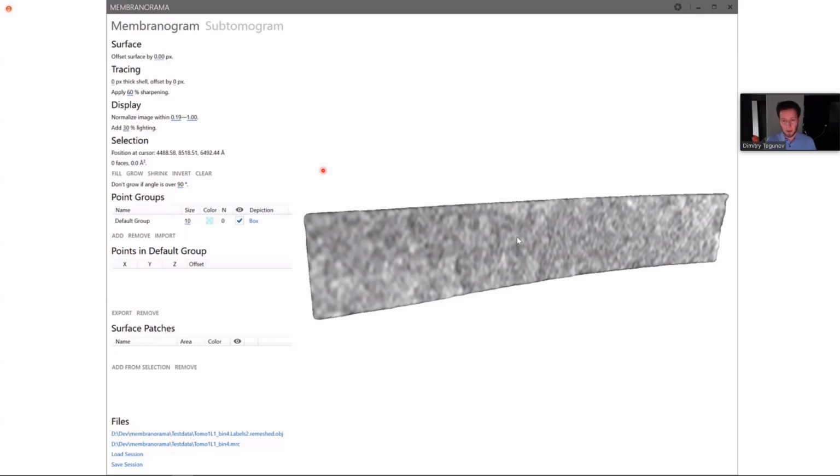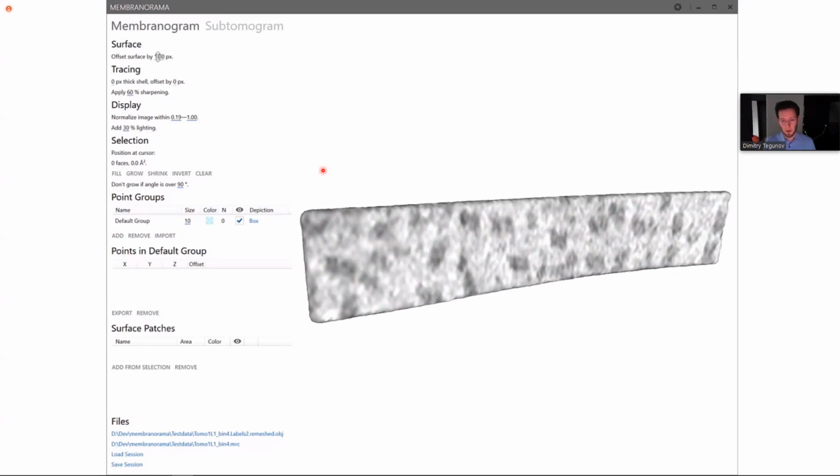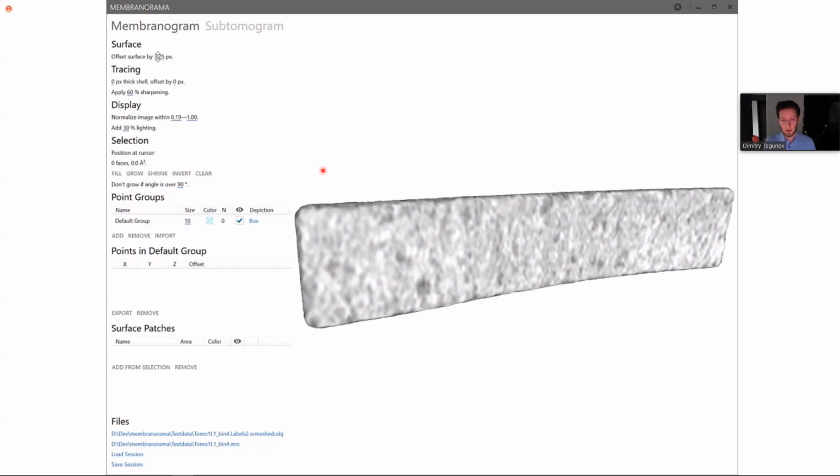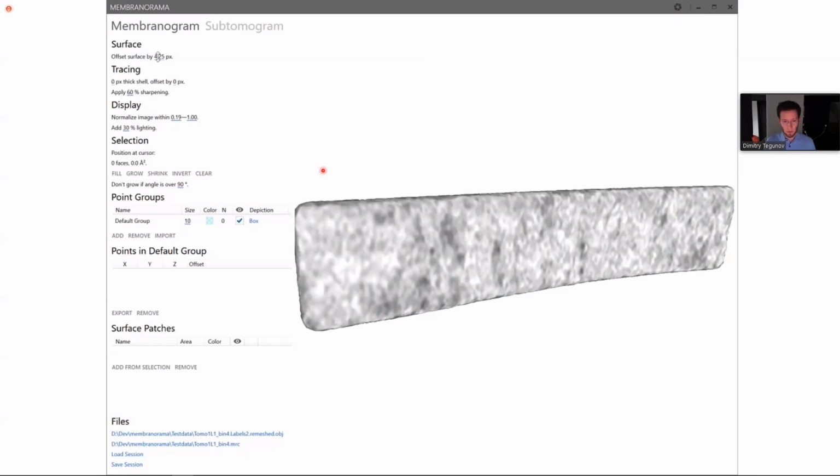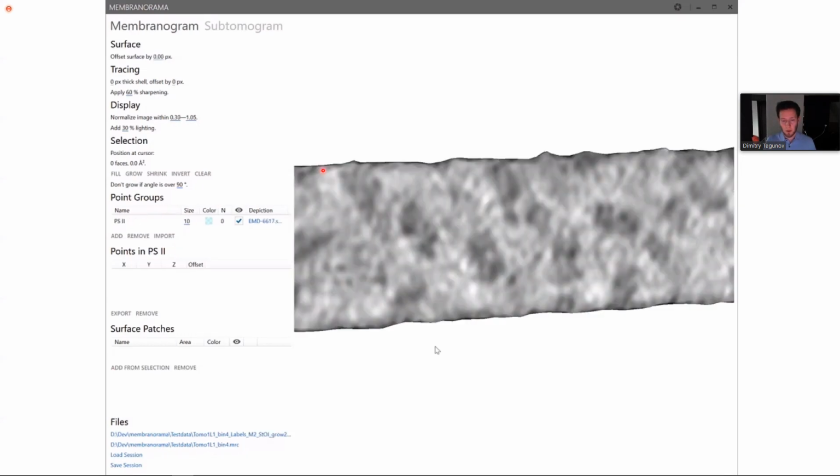And again, interactively, you can somewhat step away from this membrane surface to visualize adjacent regions to the membrane. You can use this to, again, fully interactively annotate the membrane. For example, here, placing one of the components of the photosystem on this thylakoid membrane.